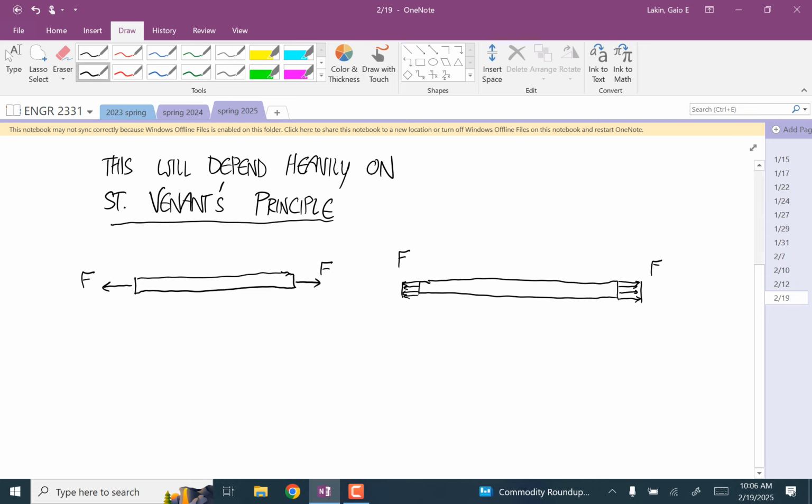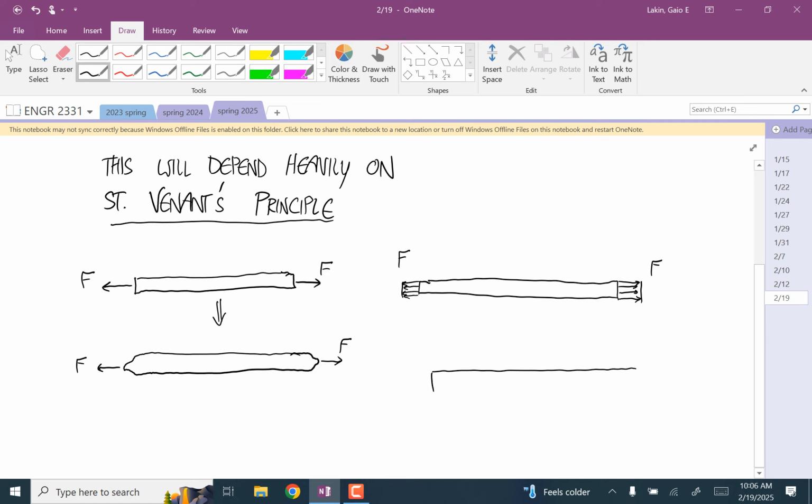But if you imagine this being a flexible enough material that you can visualize the deformations that would happen, they would deform differently, right? This one would stretch out where that point force is applied. This one would stretch more evenly because of the distributed load.